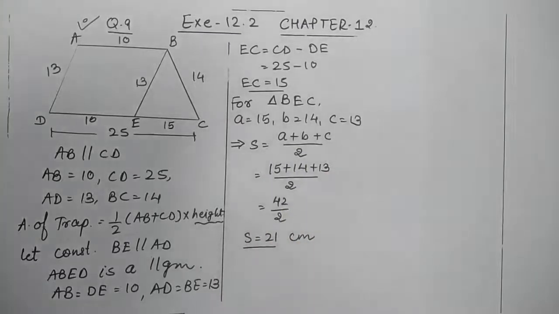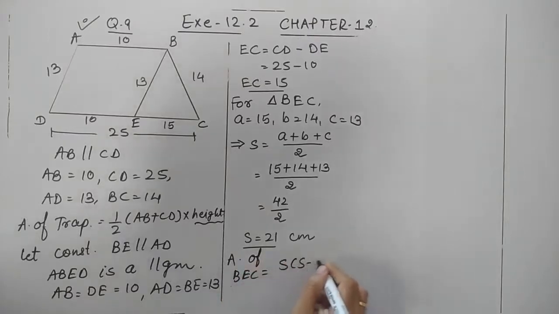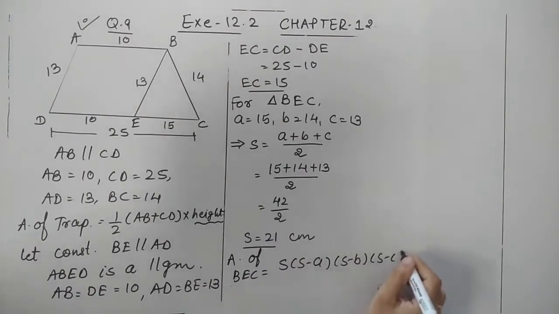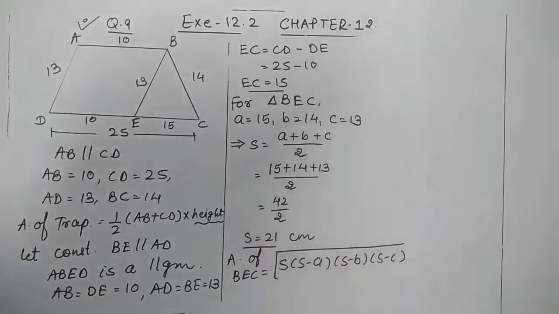We got the semi-perimeter. Let us find out the area of this triangle BEC using Heron's formula: square root of S times S minus A, S minus B, S minus C. Let us substitute all the values of S and the three sides A, B and C. So S is 21.